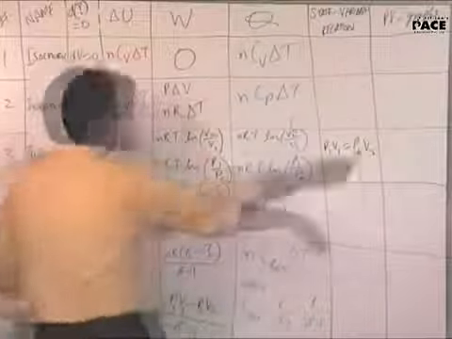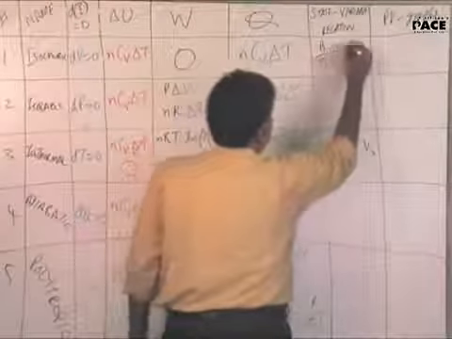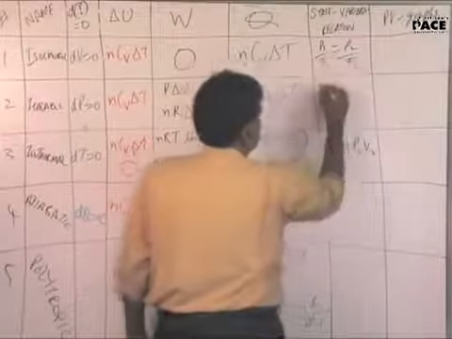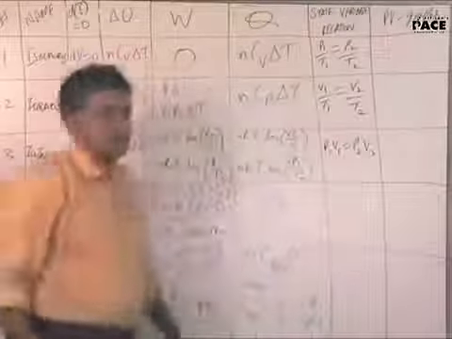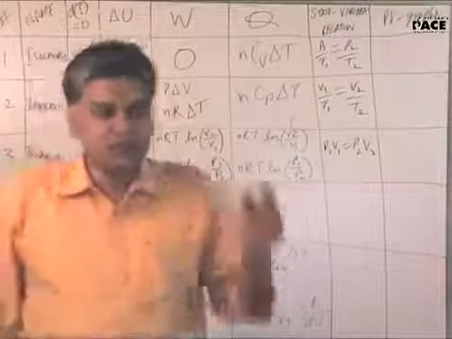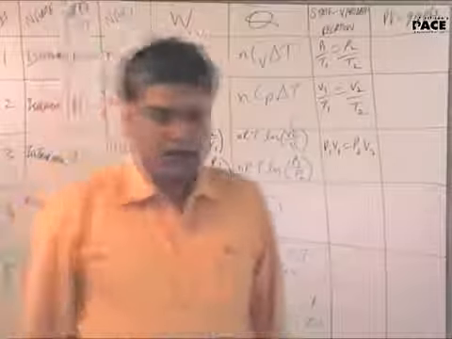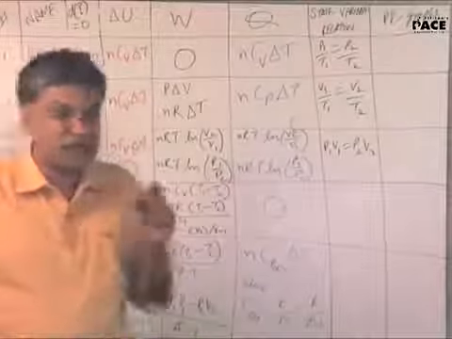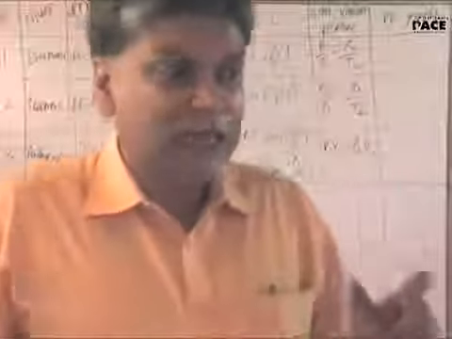Isochoric process, state variable relation, what is that? P by T is constant: P1 by T1 equals P2 by T2. Next one, P1 by T1 equals P2 by T2. We've done that already. Three relations for this, in PV, in TV and PT. PV to the gamma, and especially remember the PT one. Normally I find students making mistakes there. Tell me the PT one.